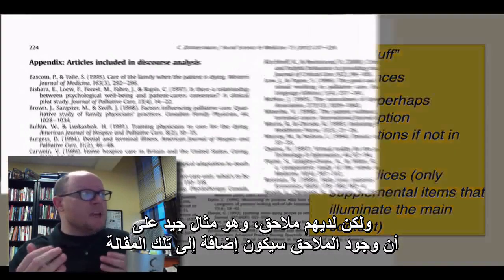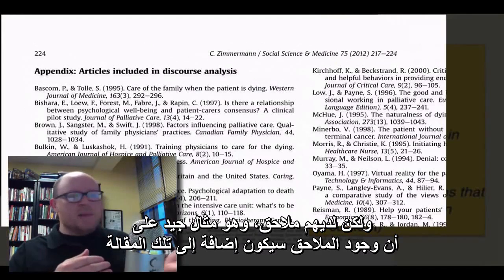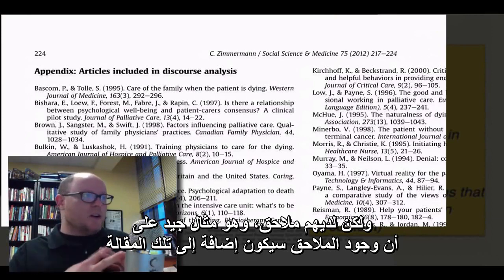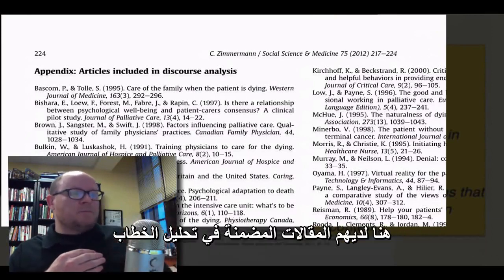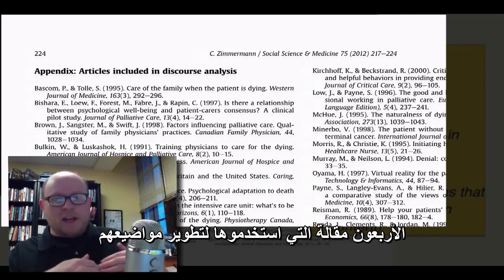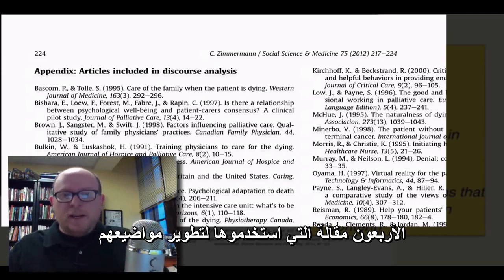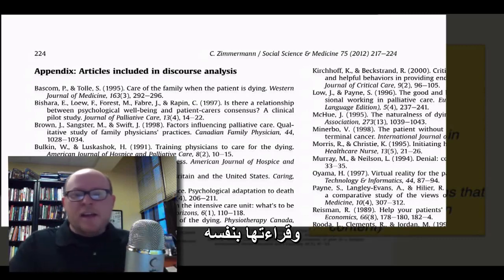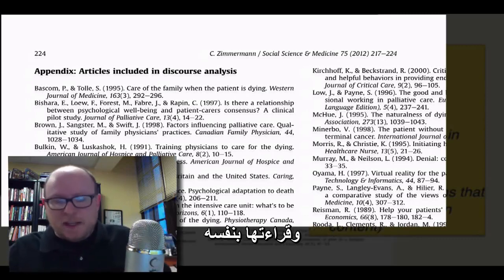But they do have an appendix, and this is a good example of how an appendix can actually be a supplemental addition to the article. In this case, they have the articles that were included in the discourse analysis. So the 40 articles that were actually used to develop their themes, they've listed all of them here just in case someone wanted to go back and look through those themselves.